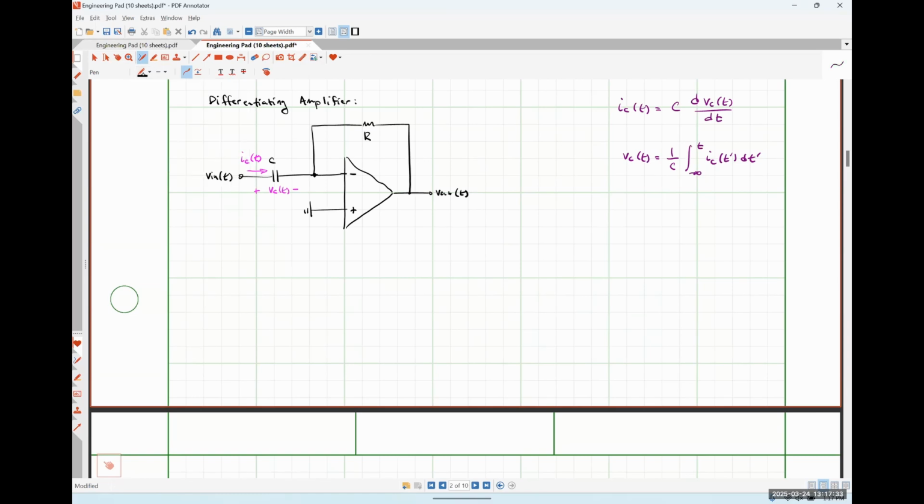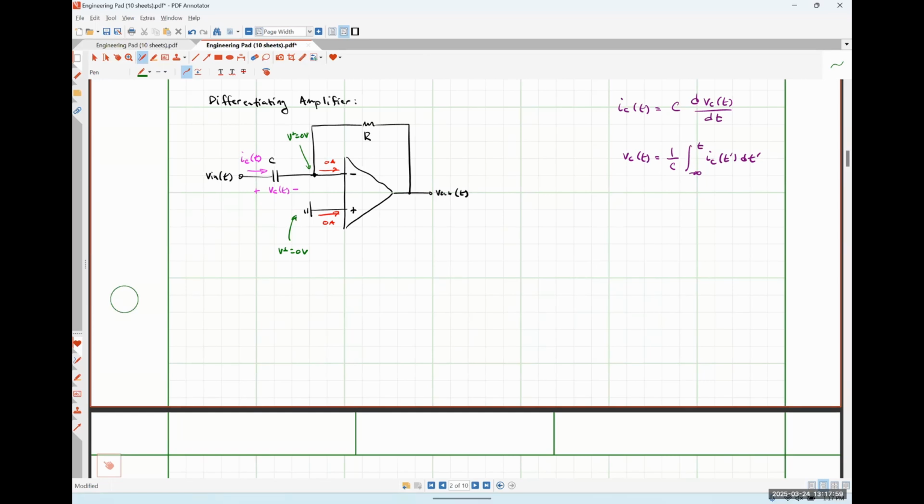So now we can get into the analysis here. I can observe that there is no current flowing into or out of my input terminals due to ideal op-amp rule number 1. Ideal op-amp rule number 2 tells me that since the voltage here is 0 volts, the voltage here must also be 0 volts.